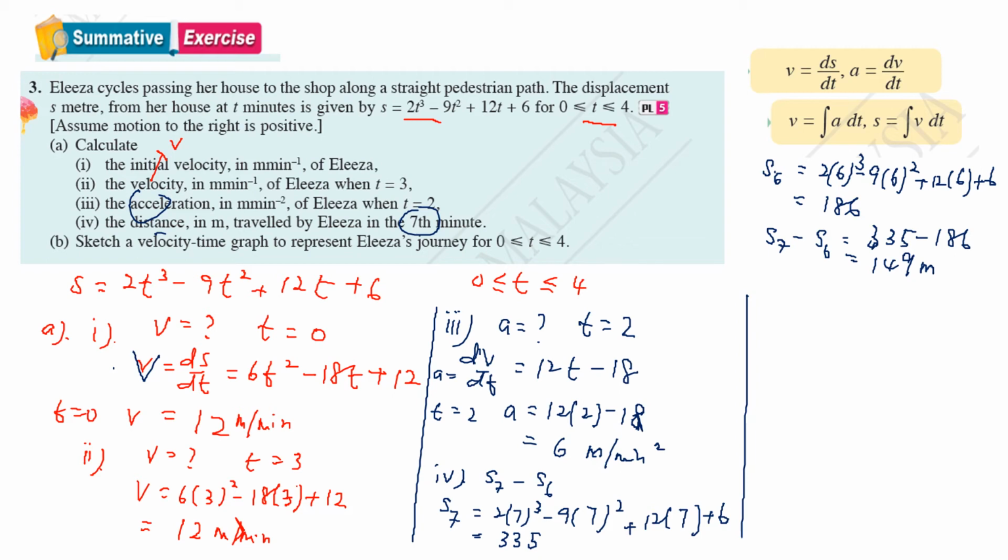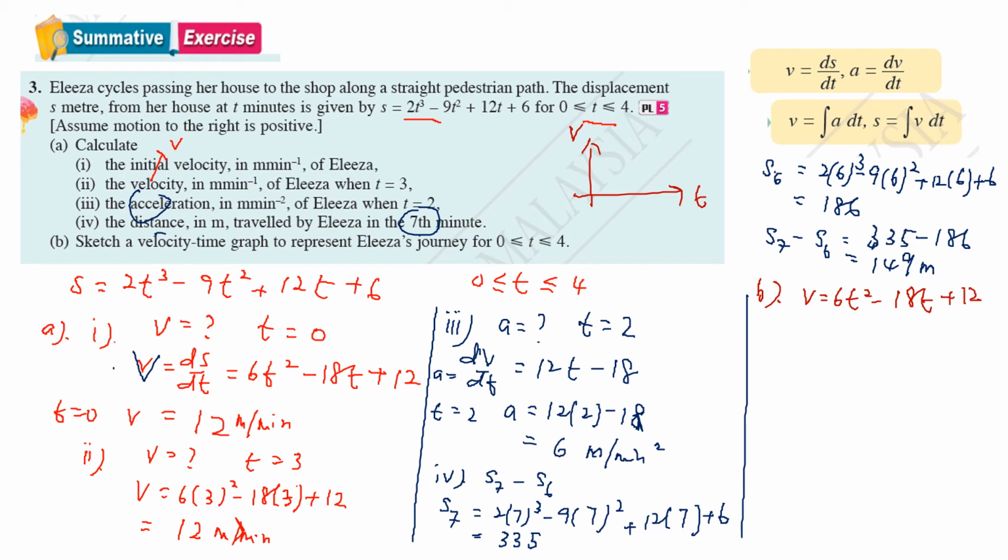Lastly, we have B. Sketch a velocity-time graph, so we are asked to sketch the graph of v against t. The function of v is 6t squared minus 18t plus 12.